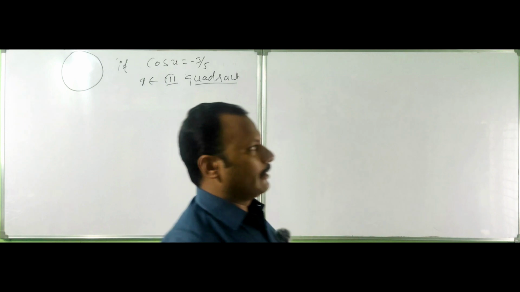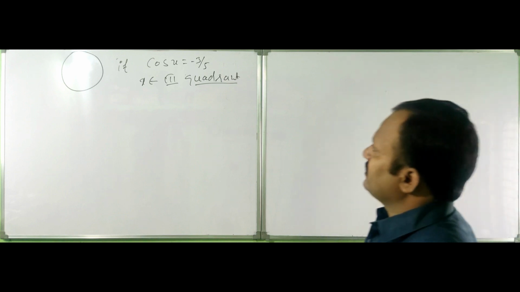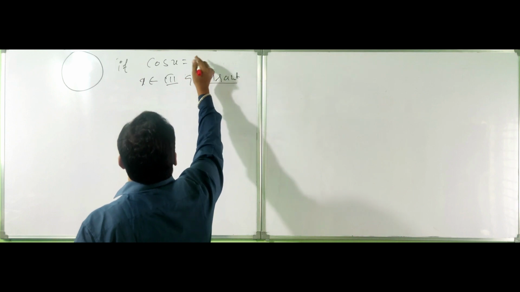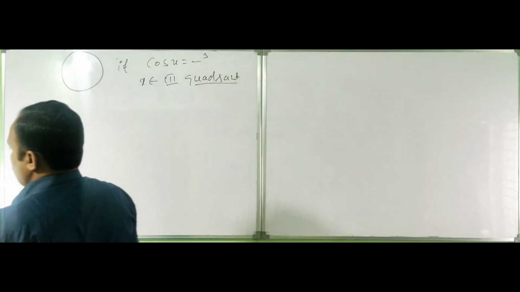They are given cos x is equal to minus 3 by 5, exactly in this manner.